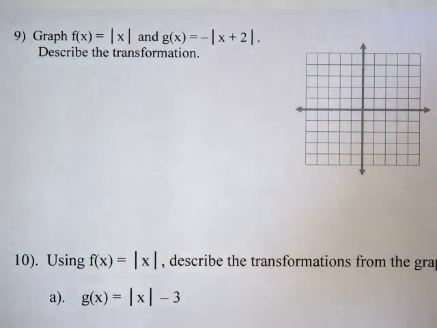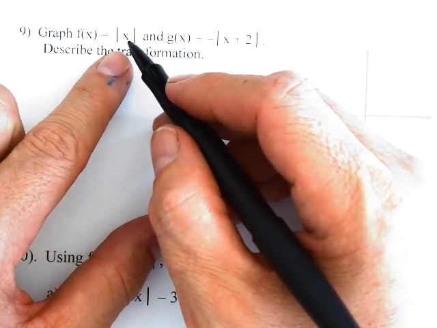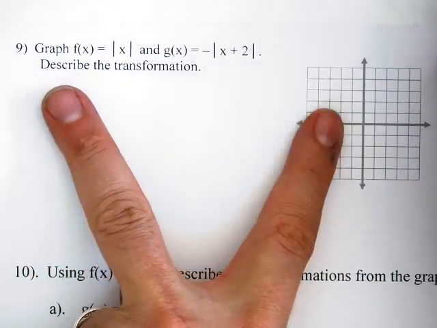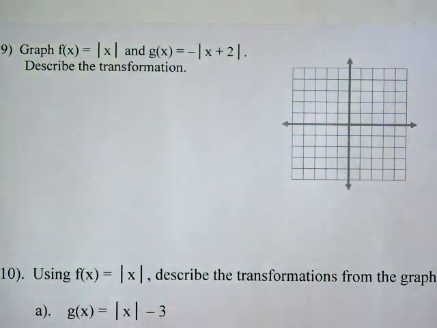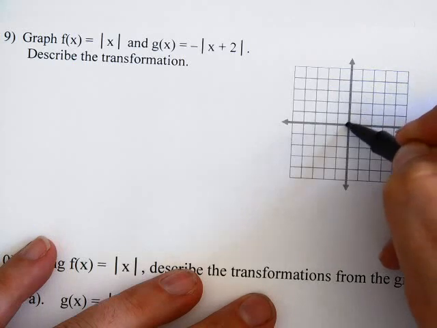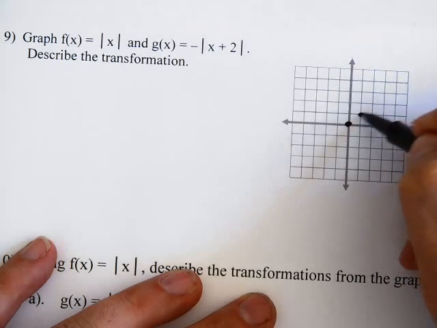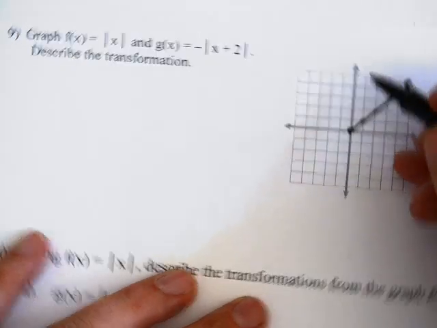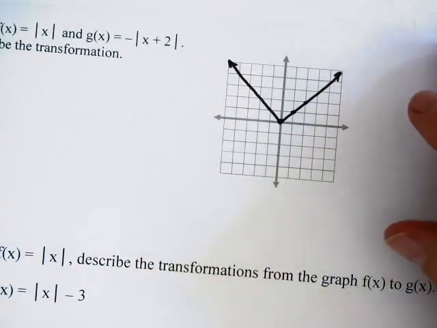It says graph f of x. Now, how do we graph an absolute value function? Absolute value. V. So they're shaped like a V. And the parent function for that family of graphs is at 0, 0 and goes up with a slope of 1 and then also up with a slope of negative 1, like that.